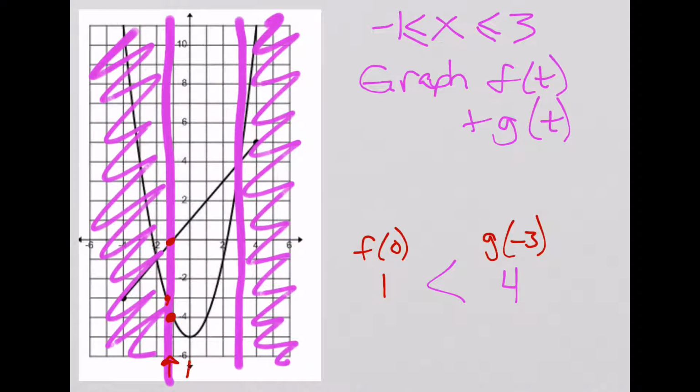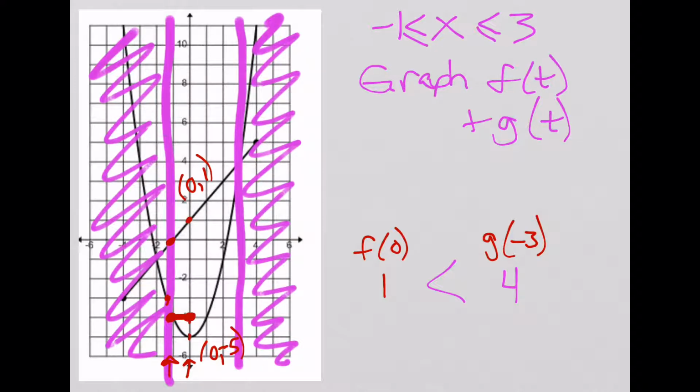Let's try it again where we can see what's happening. So now we're going to move over to when x equals 0. My function is here, and my other function is here. If it helps you to write the actual location of the point, you could do that. And then this one down here would be 0 and negative 5. Now when it says add the two together, when x equals 0, I've got 1 plus negative 5, which is negative 4, so that's where I am.